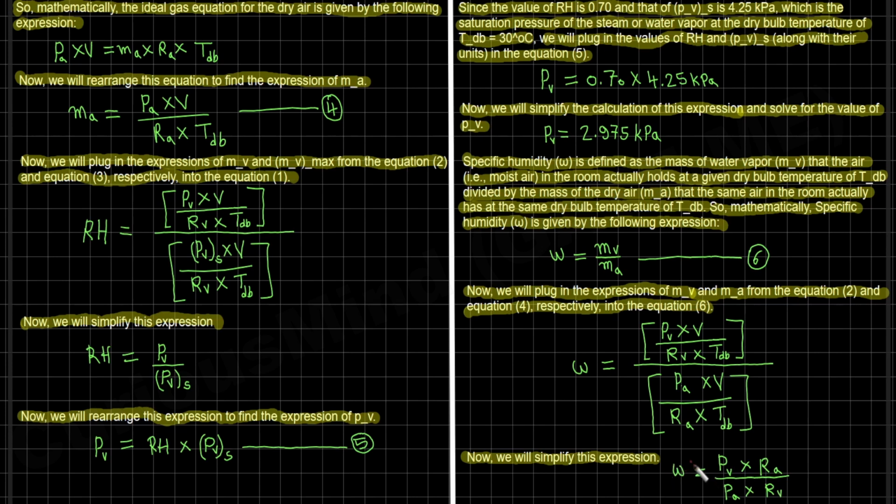Alright, so after rearranging this expression and simplifying it, we got the more simplified form of the specific humidity expression, and we are going to assign it equation number 7. Alright, now let's move to the next page.